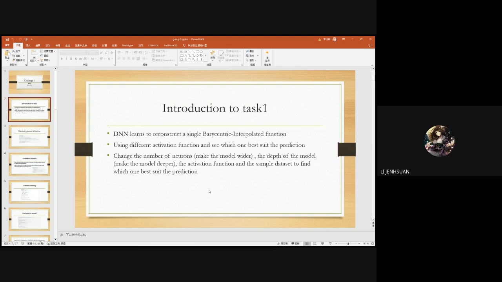Okay, so we have an answer to the DNN model to learn now by using the barycentric interpolated function. In test 1, we need to change some variables to improve the training. And in test 2, we had to build a multi-input model so that we can put in a function and directly have the answer and know its MSE and other information.